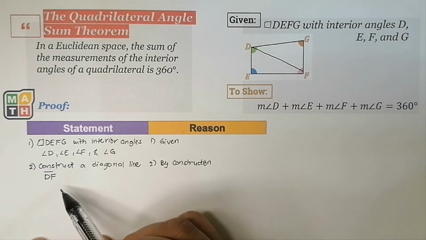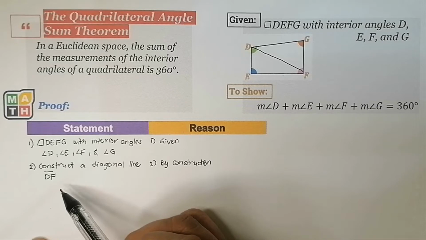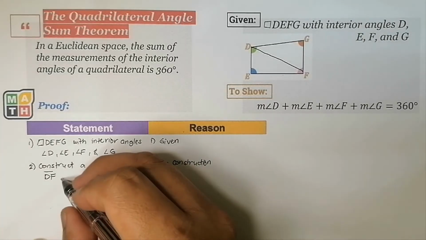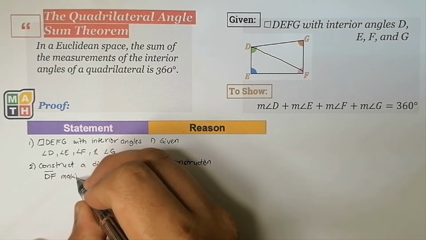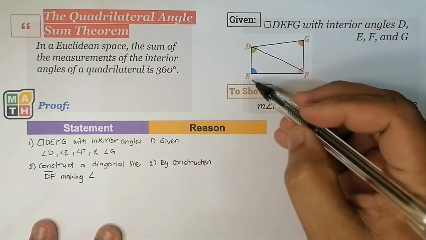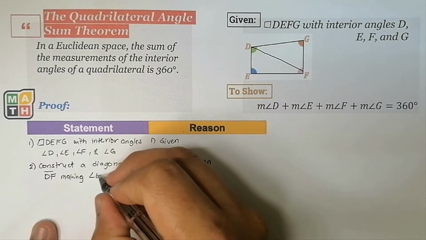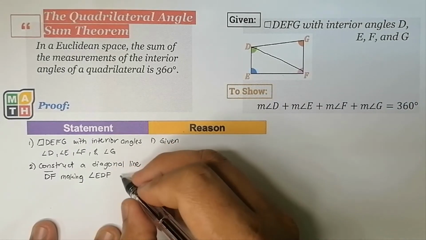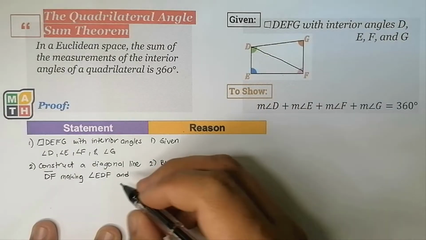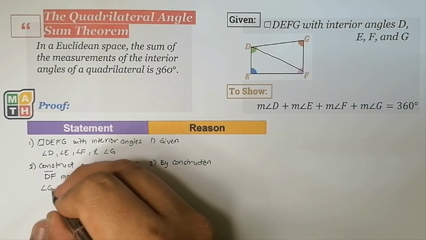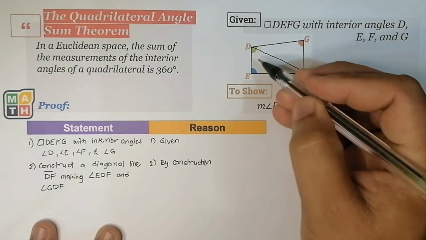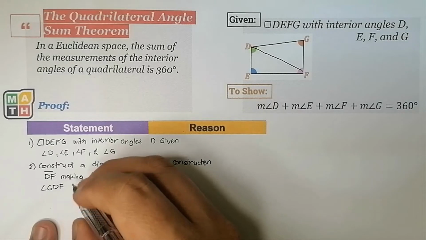Let's just simply add it here, since this is still part of the construction, let's just simply say making angle EDF and angle GDF for this angle here, right?